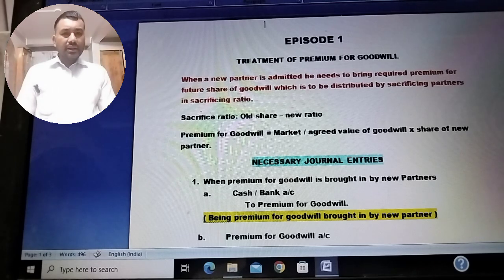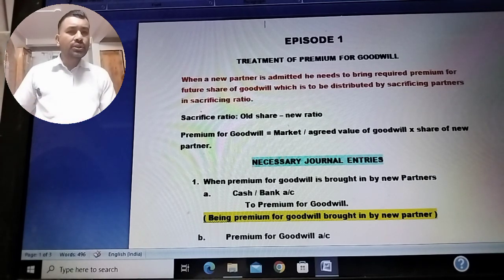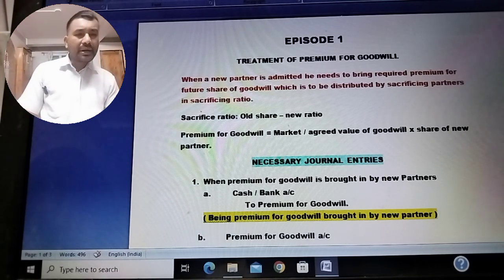Okay. See, whenever a new partner is admitted, you will get all the benefits enjoyed by the existing partners because of their hard work, because of the past labors. So, whenever a new partner is admitted, the old partners have to sacrifice a certain portion of their share of profit in favor of the new or incoming partner.